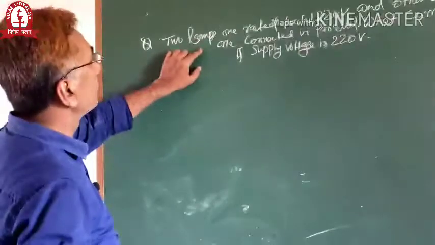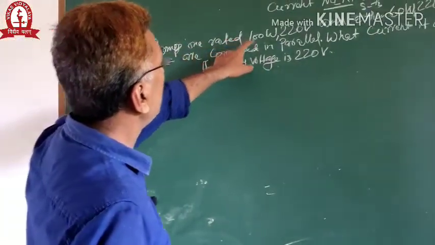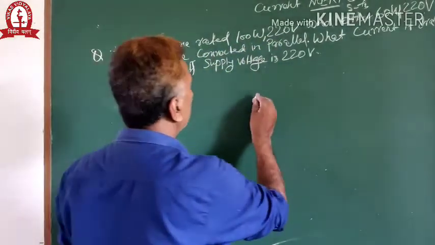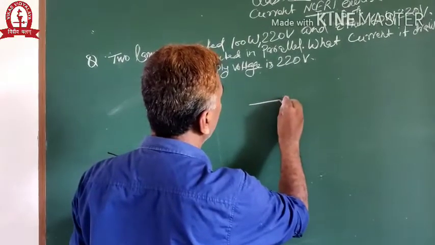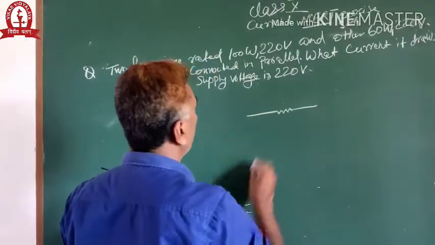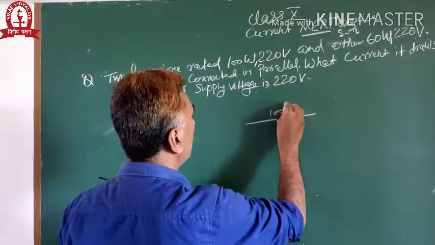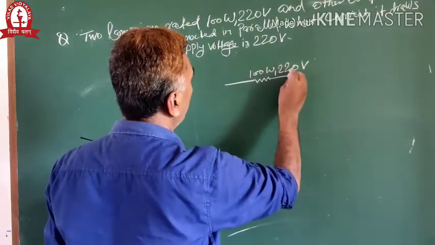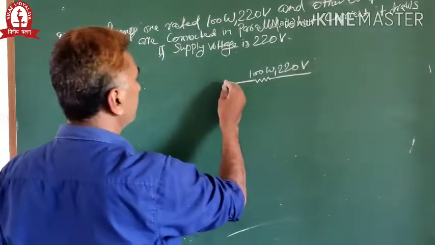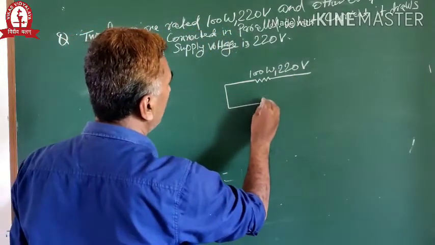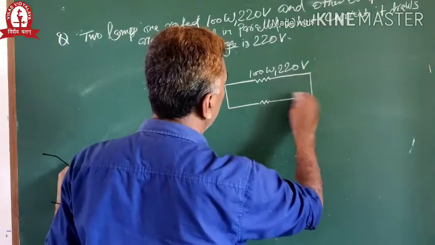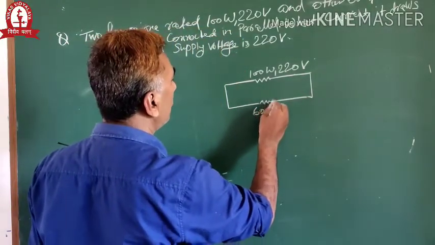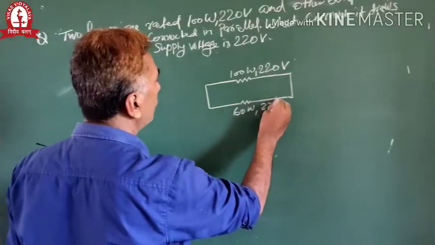There are 2 lamps, one rated 100 watt 220 volt, right? So I can draw the figure using this symbol, 100 watt and 220 volt for one set, and the other 60 watt and 220 volt.